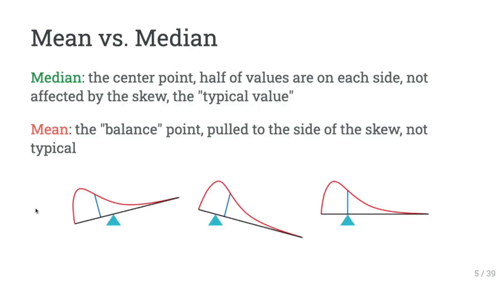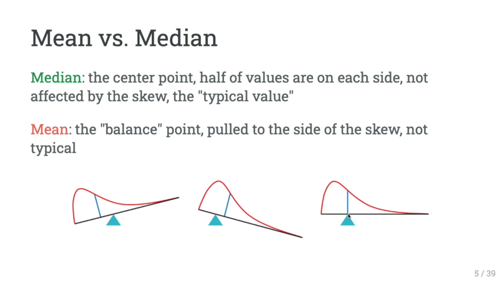So I said that the mean is a balance point. If you look at these distributions here, the mean is going to be the point that balances the distribution. So of these three, you can look at them and see what point is balancing it. And of course, in this case, it's this one. So this would be the mean point.